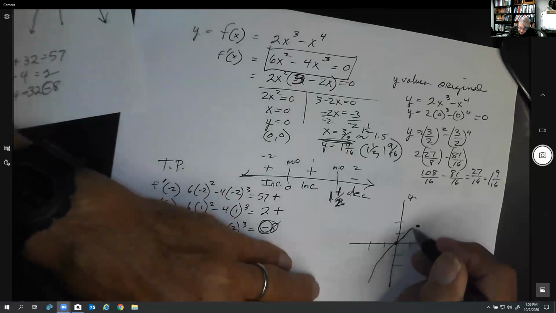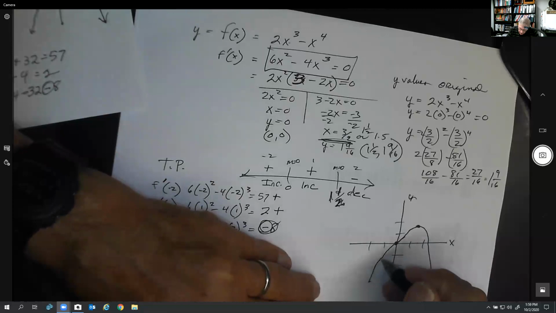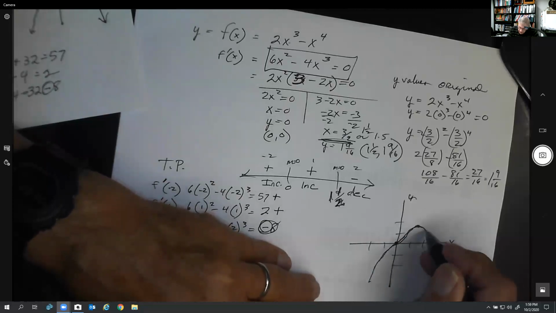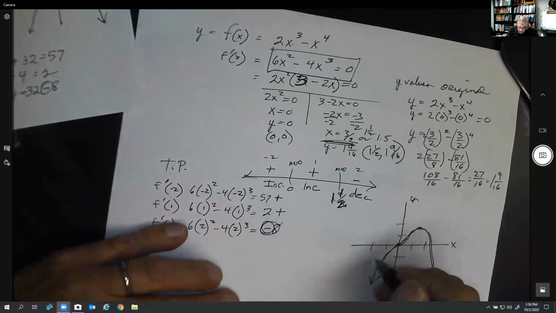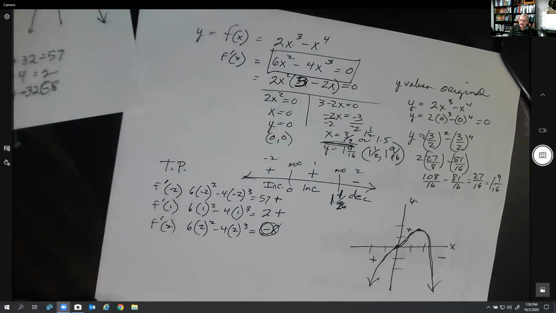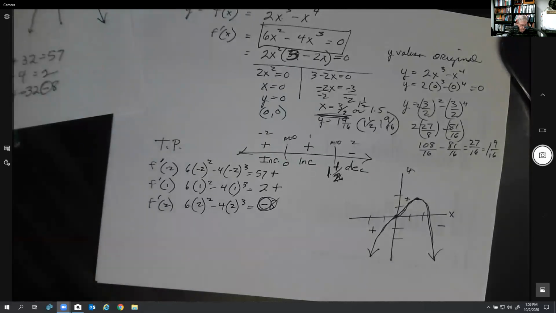And then when it hit this point, then it decreased. So the graph looks sort of like this. It's increasing and still kind of increasing and then coming down. Increase, increase again, and then decrease. Interesting, huh? So that was kind of an interesting little curve.